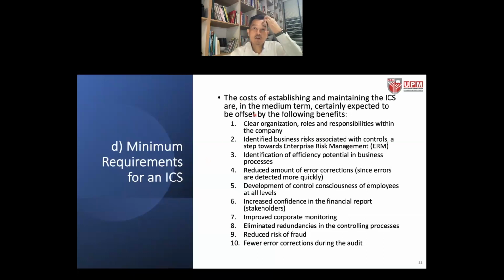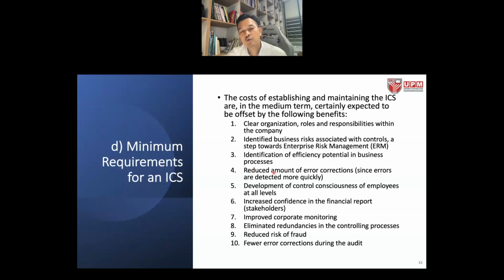Finally, the costs of establishing and maintaining the ICS are expected in the medium term to be offset by the following benefits: an organization with clear roles and responsibilities, identified business risks with associated controls, identification of efficiency potential in business processes.